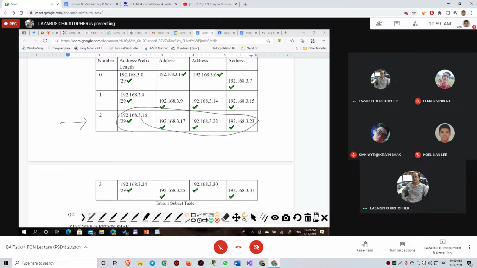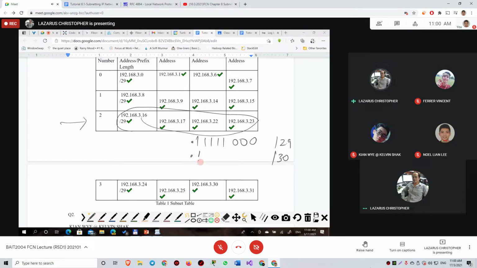Borrow bits. So here is borrowed 1, 2, 3, 4, 5, so it's a /29. If I want to subnet that, I can only borrow 1 more bit, and that makes it /30. I cannot go beyond /30 because the network won't be usable.